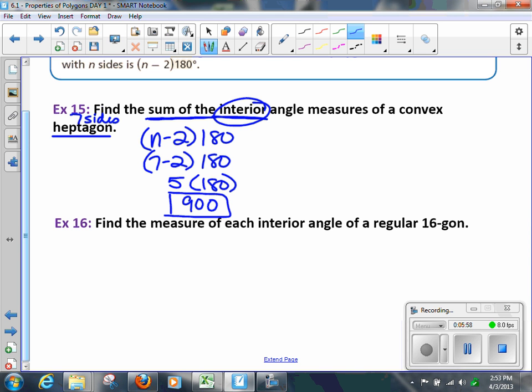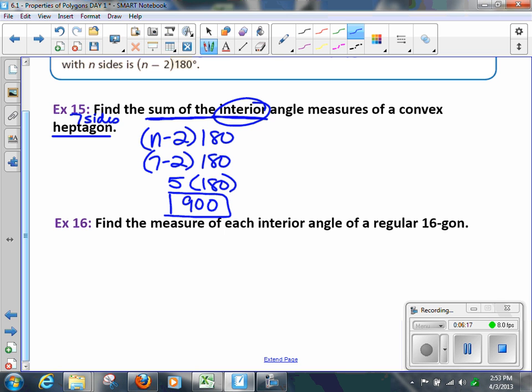Does that make sense? It is a lot, but shouldn't it be? 7 times 180, minus 2, which is 5.